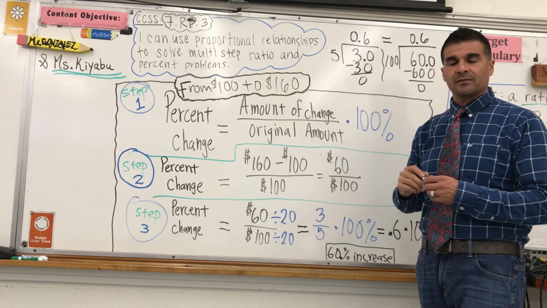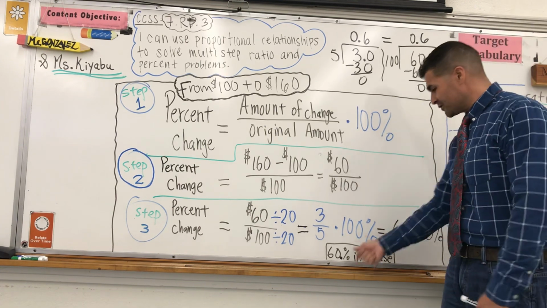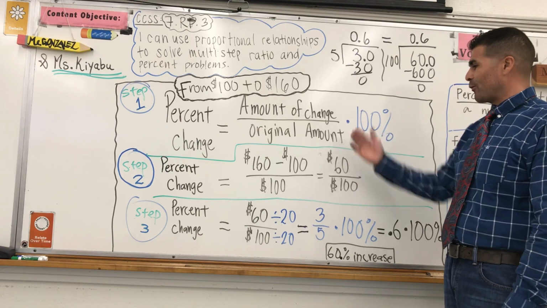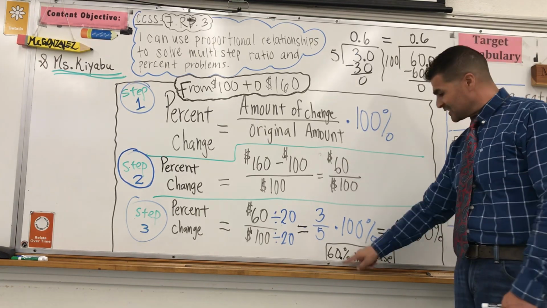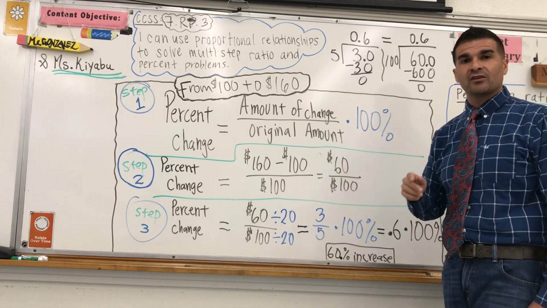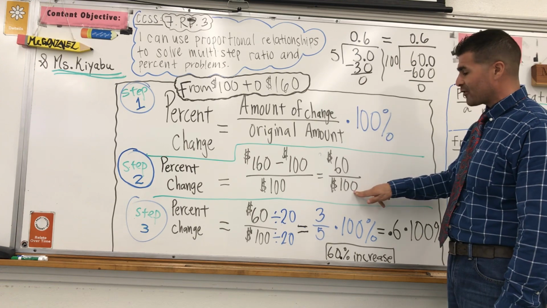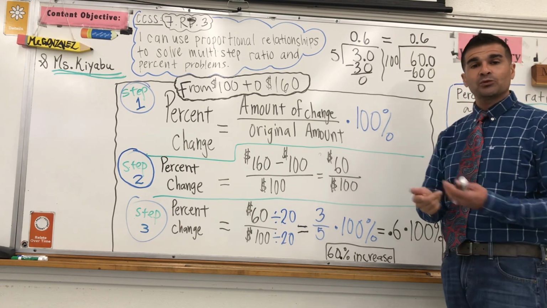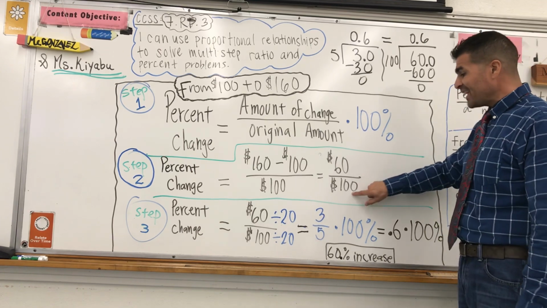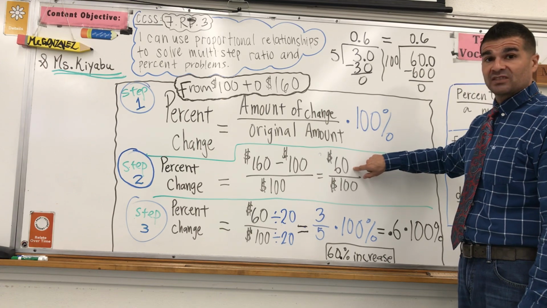But a lot of people are going to think, well, $60, 60%, okay, I get it. I'll just subtract these numbers, and whatever I subtract, this money is equal to the percent. No, this is a very special case, and that's why I wanted to do this example for you. This is an example where the denominator happens to be 100. What you have to remember is what we've learned about percentages: anything divided by 100, that numerator is the percent.